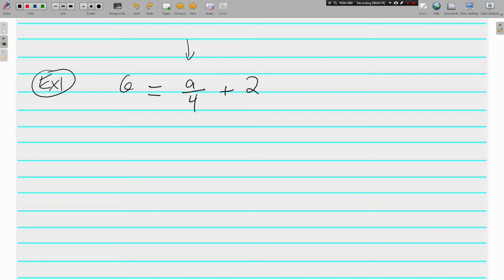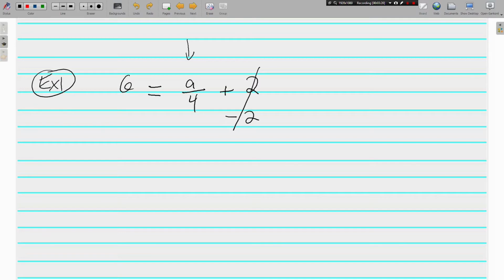Step 4, how do I undo? Well, you undo with the opposite. What is the opposite of a positive 2? Negative 2 is the opposite, so positive 2 and negative 2 are going to cancel. 2 minus 2 is 0.